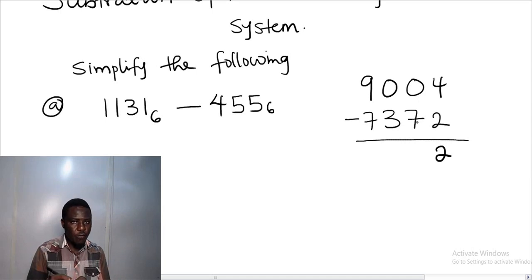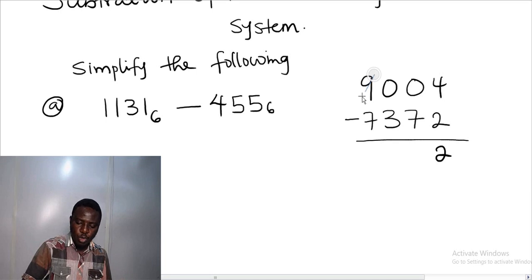Okay? And 0 minus 7, it cannot. So we have to borrow 1 from the digits in the next higher place value before we can subtract. But since this is equally 0, we have to go down to the next higher digit to borrow. So we borrow 1 from this. This becomes 8, and this becomes 10.